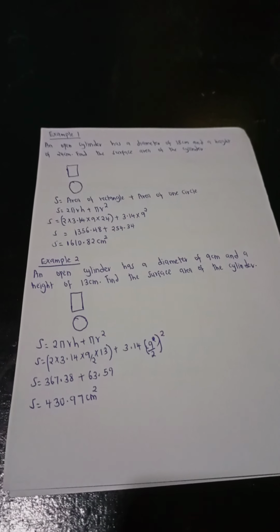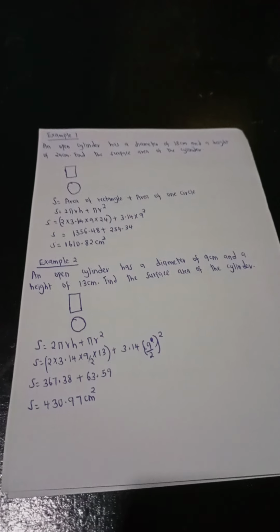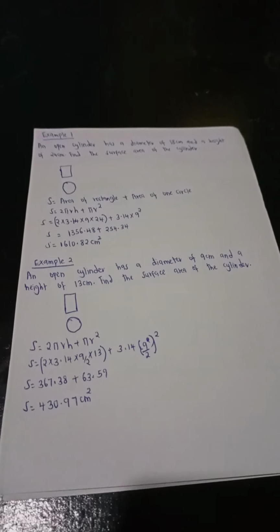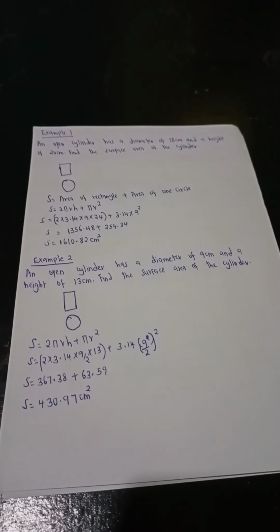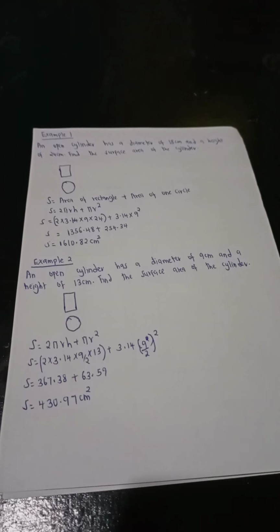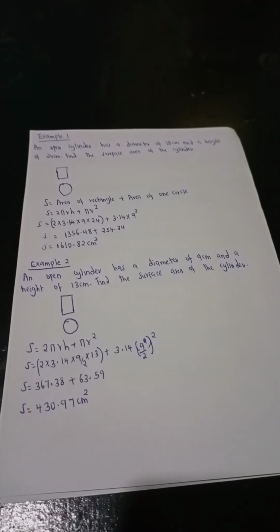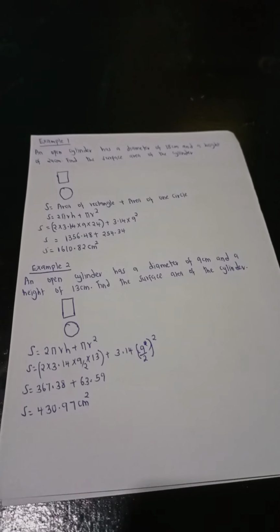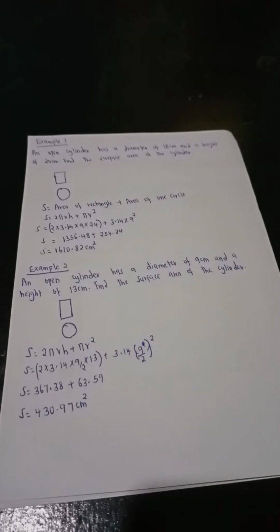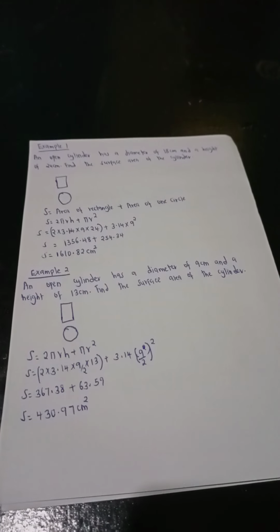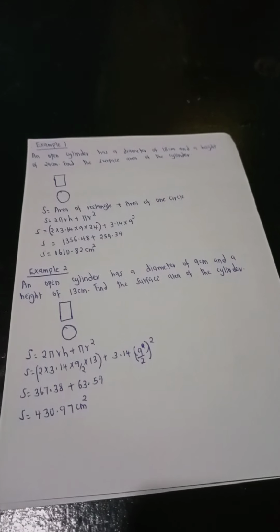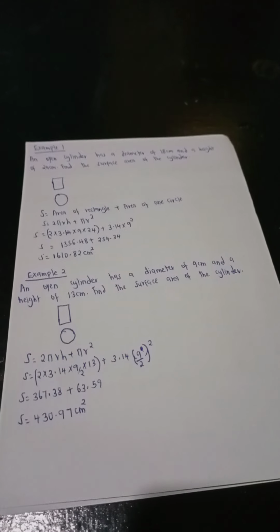Example 2. An open cylinder has a diameter of 9 centimeters and a height of 13 centimeters. Find the surface area of the cylinder. I have again drawn the cylinder there with one rectangle and one circle. And you're saying that the surface area is the area of the rectangle plus the area of one circle. And so the surface area is going to be 2 times 3.14 times 9 over 2. In this case, we will notice that they have given the diameter for the two examples.